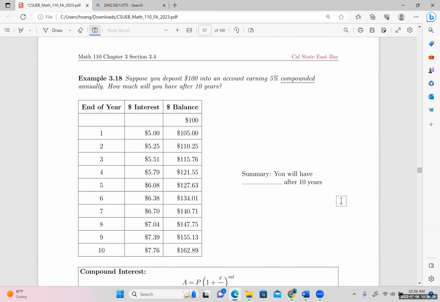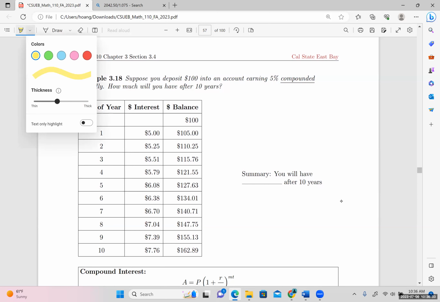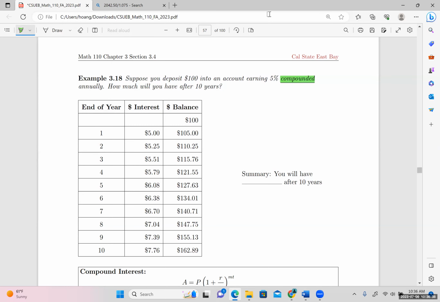Okay, so the next thing I'm going to talk about is compound interest. I'm pretty sure that if you have a loan or borrow money from the bank, you may come to the bank sometime and see the words compound interest.